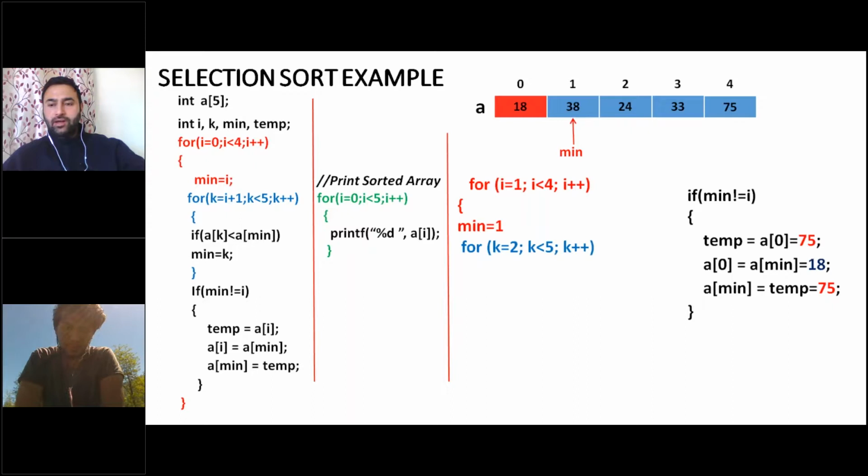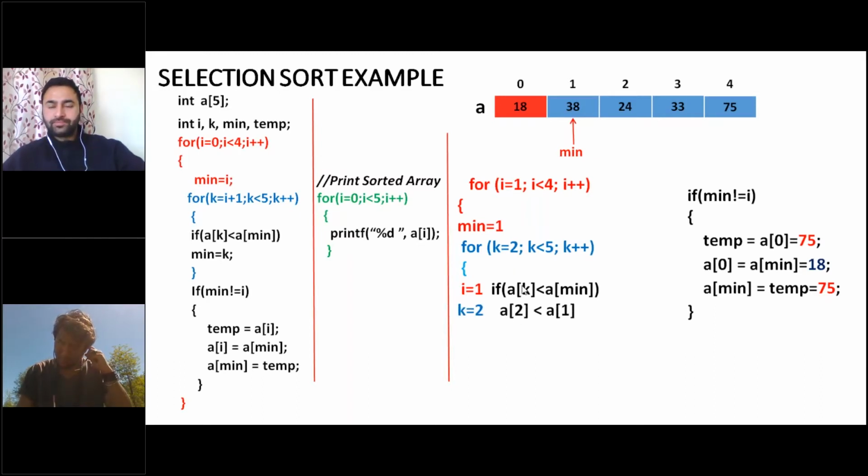Now for k equal to 2, k less than 5, k plus plus, again inner loop will run. Now see, this 0th element is set to its exact location. So next 4 elements now will be checked for minimum. So loop has been started for 2. If a of 2 is less than a of minimum, this is true.